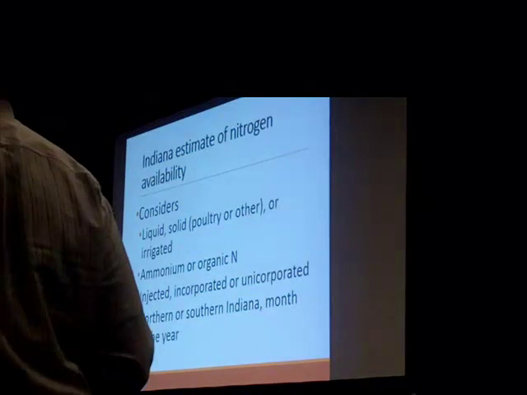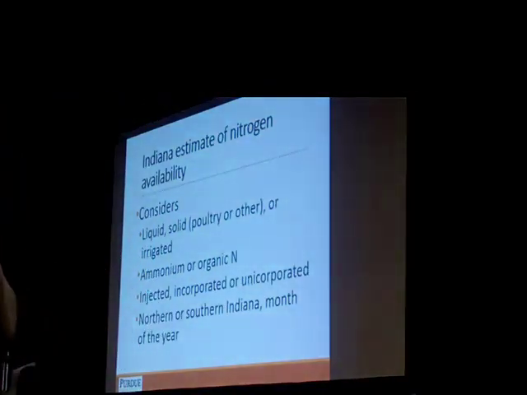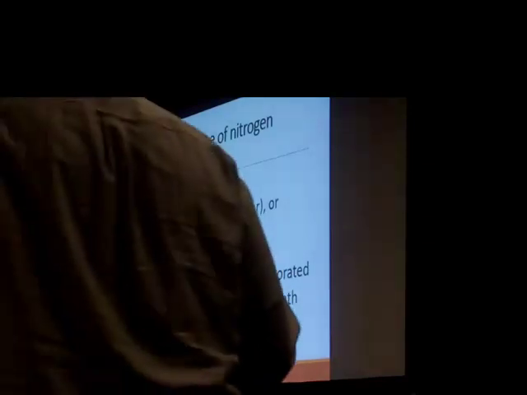We use a pretty intricate estimate of nitrogen availability. I'm not quite sure what's officially used in Ohio, but I think this approach is reasonable, and something similar to it would be advisable. So it considers the type of manure, liquid, solid, and whether it's irrigated.